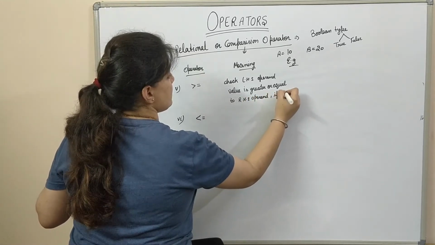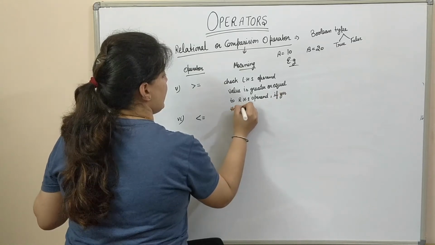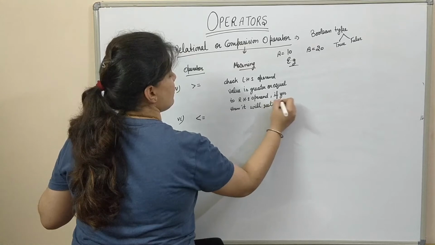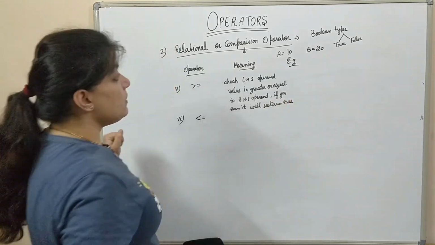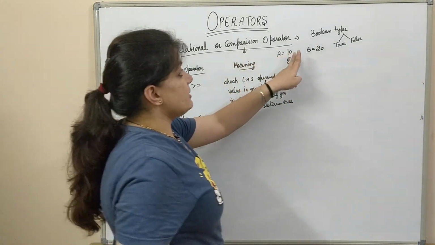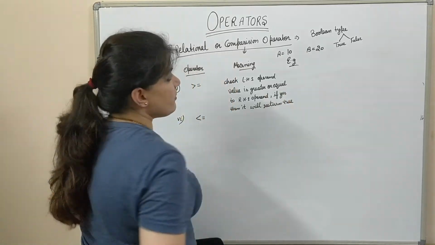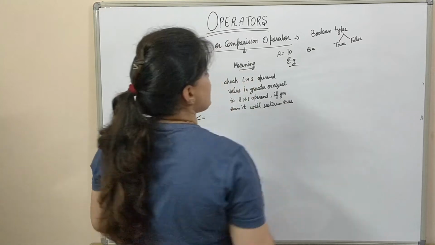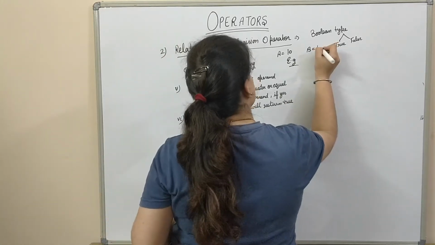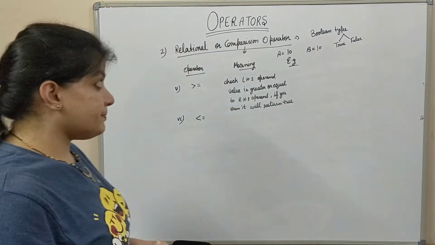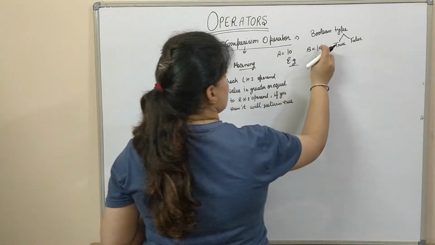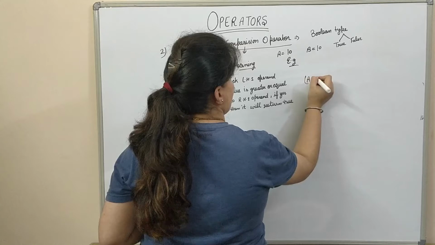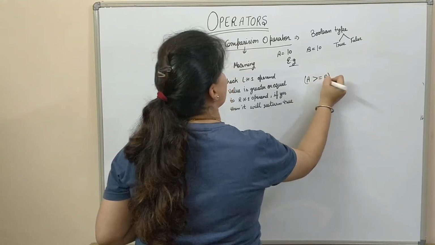If yes, then it will return true. Now here we have two values, 10 and 20. Instead of this, I am taking another example. Here B value is 10. Now I am writing this expression A is greater than or equal to B.